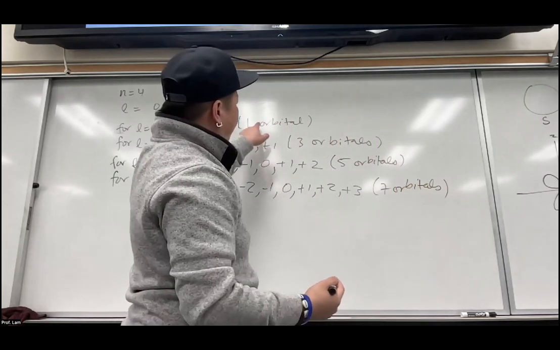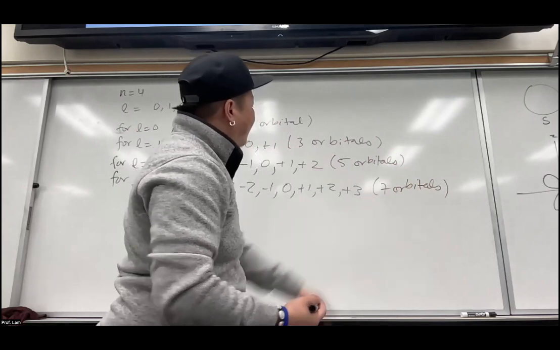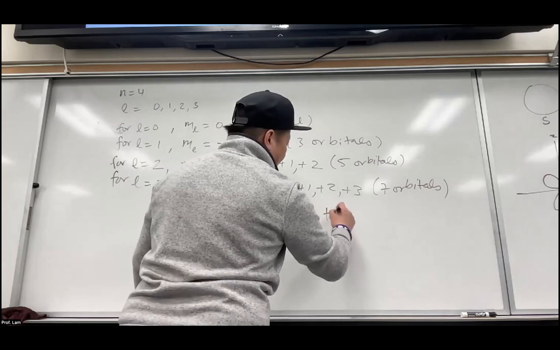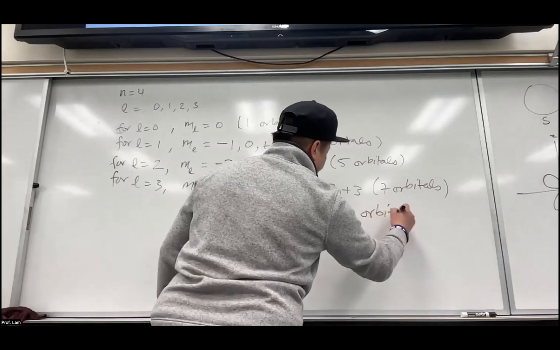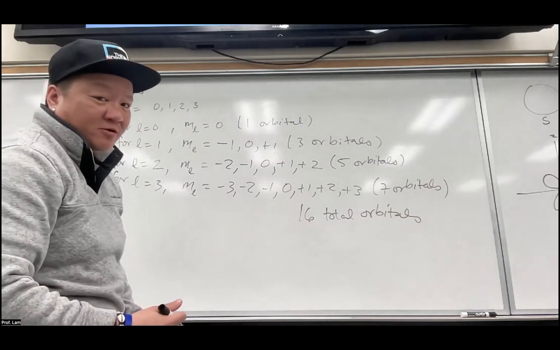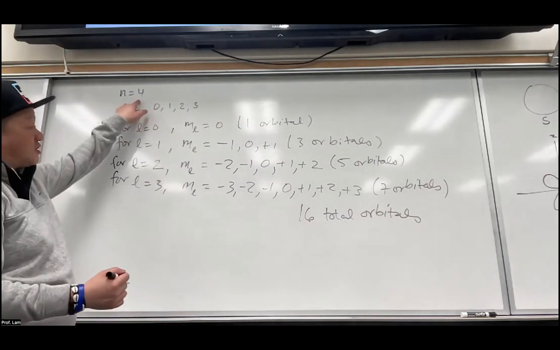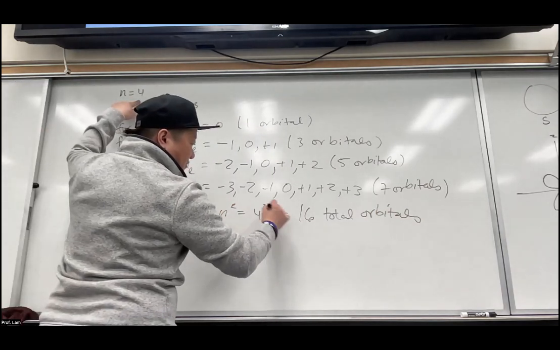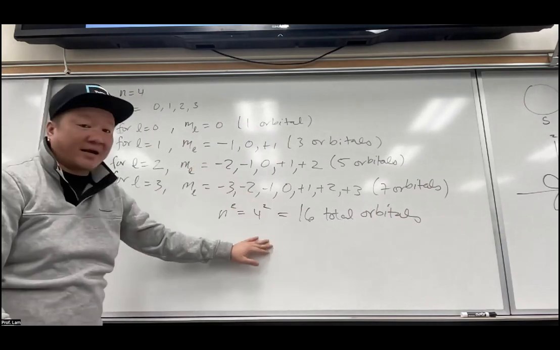If we count it up, that's 1 plus 3 plus 5 plus 7 is 16. Now, remember our rule? Total number of orbitals is n squared. N was 4, right? Okay, so you can see how that works, right?